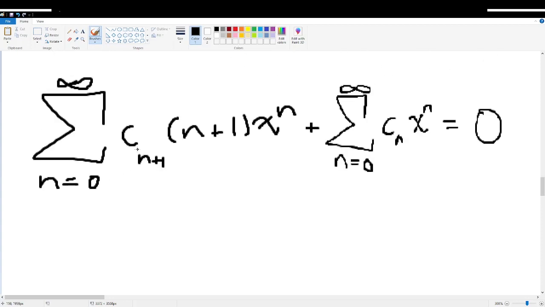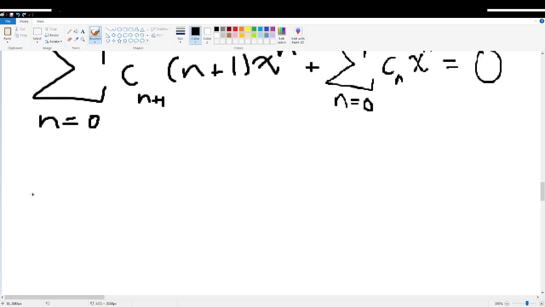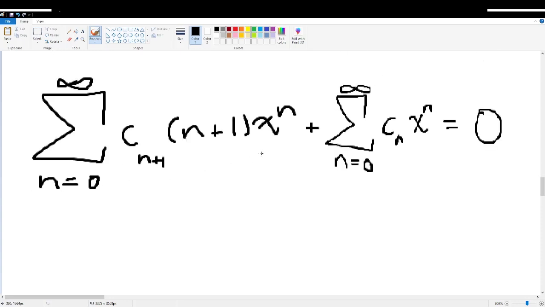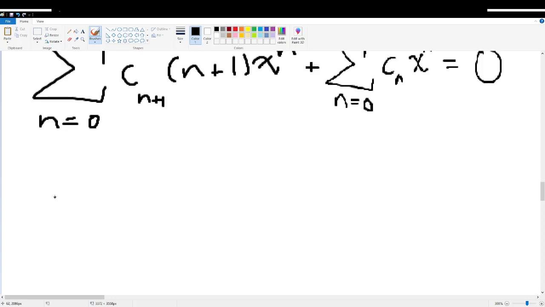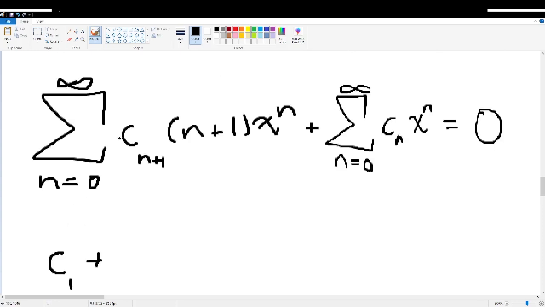in any way. So if we plug in n equals 0 here, we're going to get c1 plus c1 times 1 times x to the 0, which is 1. So we'll just have c1 plus, then we'll have c2 times 2 times x.